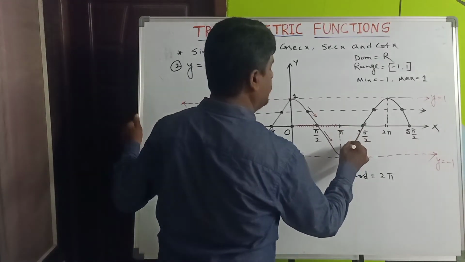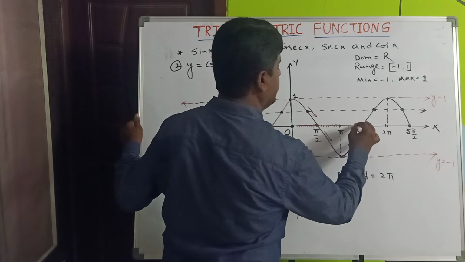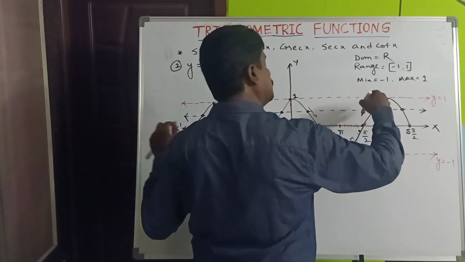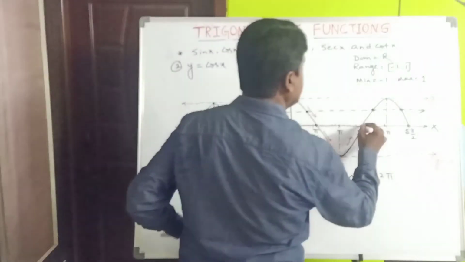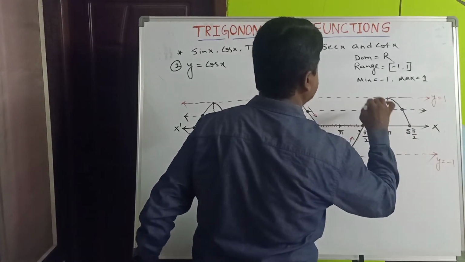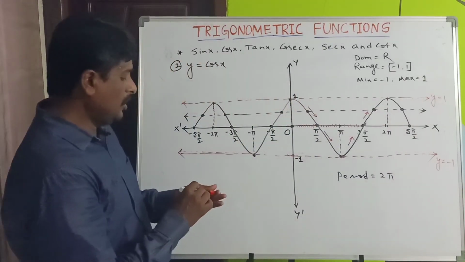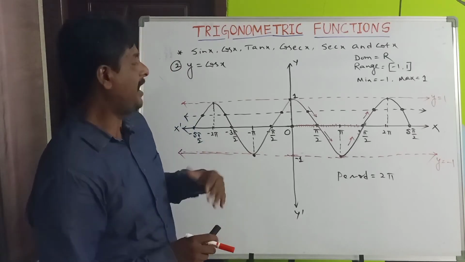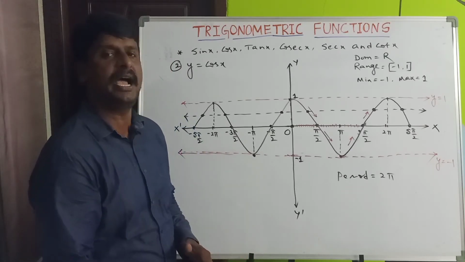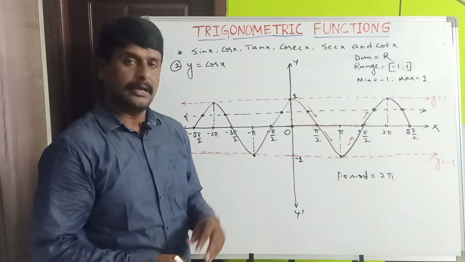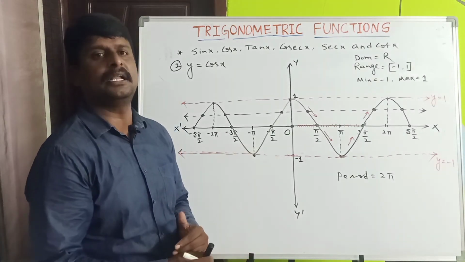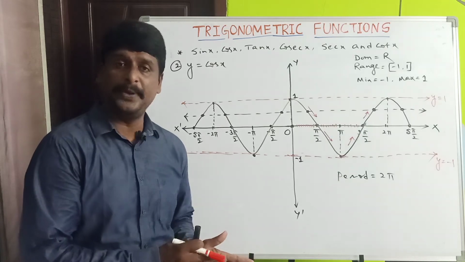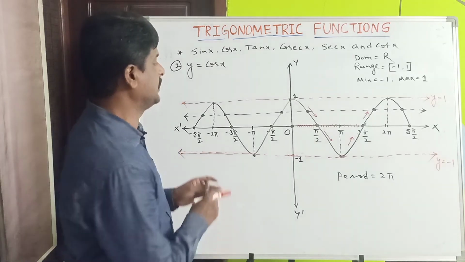From pi to 3 pi by 2, as x values increase, corresponding y values are also increasing. From 3 pi by 2 to 2 pi, it is increasing. So throughout the domain, it does not have a single nature, either increasing or decreasing. That's why its nature is neither increasing nor decreasing. Partially it may be increasing, partially it may be decreasing.